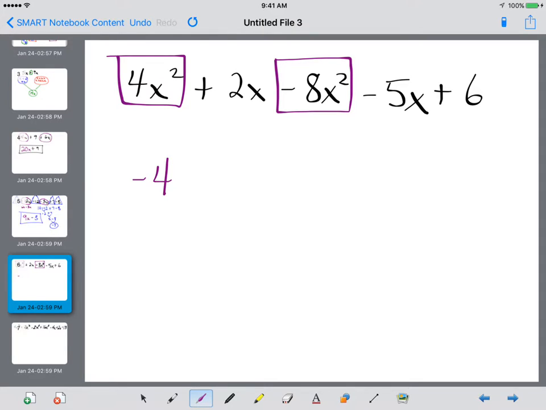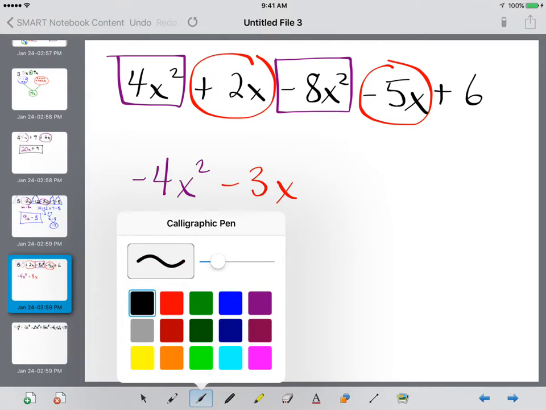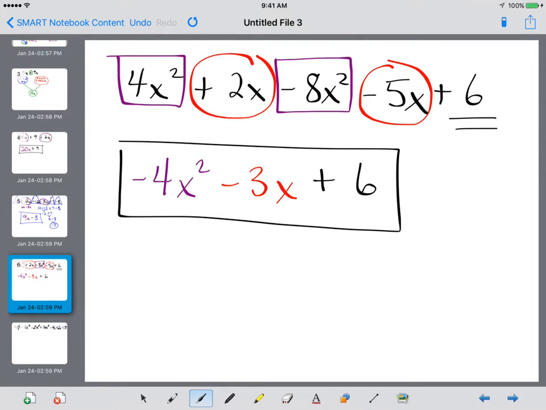That would leave me with negative 4x to the second power. Now I'm going to use circles to get the x's together. We've got positive 2x minus 5x. That's a negative 3x. And then there is nothing to combine with that 6, so we put it at the end. And there's my simplified expression.